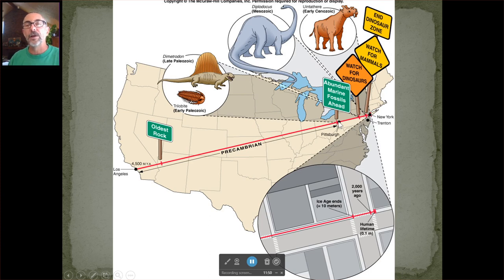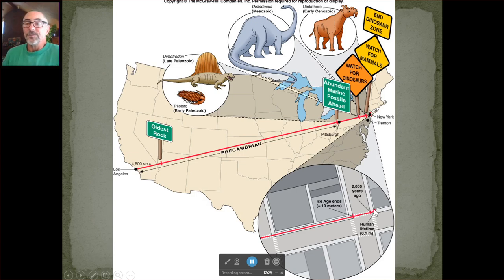We would not get to the Cambrian explosion till around Pittsburgh, and we wouldn't even get dinosaurs till we were almost out of Pennsylvania. The dinosaurs, which were around for 200 million years, only have this little stretch of the trip. And human recorded history really only goes partway across the street at the very end of our journey. 2,000 years ago is just a sidewalk's width. A human lifetime is a fraction of an inch on there.